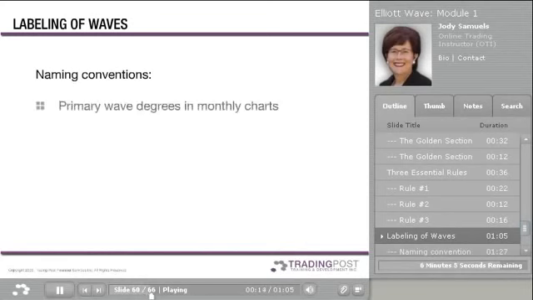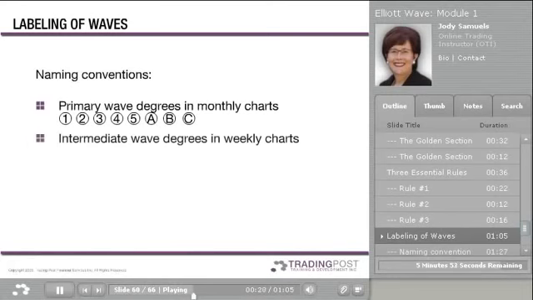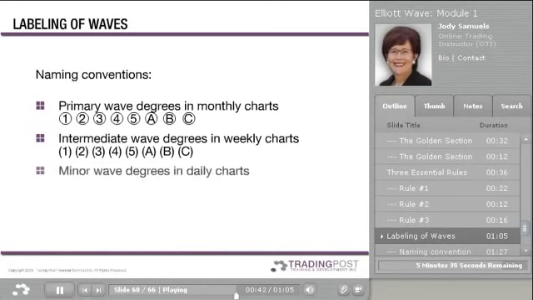Primary wave degrees, seen on the monthly charts, are noted as follows: circled 1, 2, 3, 4, 5, capital A, B, C. Intermediate wave degrees, found on the weekly charts, are noted as numerals and letters 1, 2, 3, 4, 5, and A, B, and C in parentheses. Minor wave degrees, found on the daily charts, are noted as numerals and letters without parentheses.